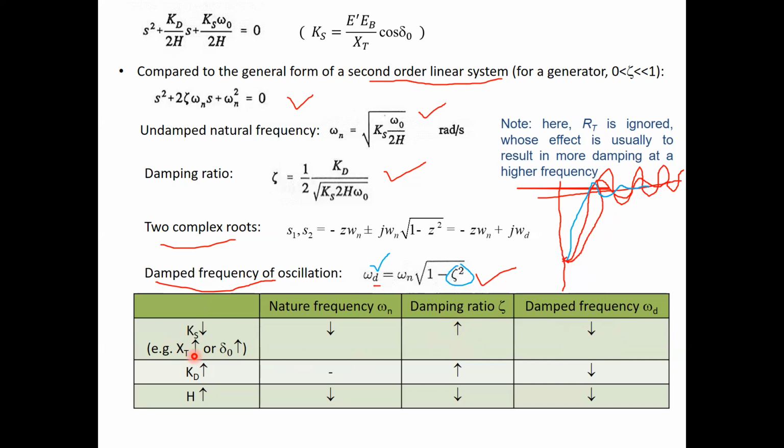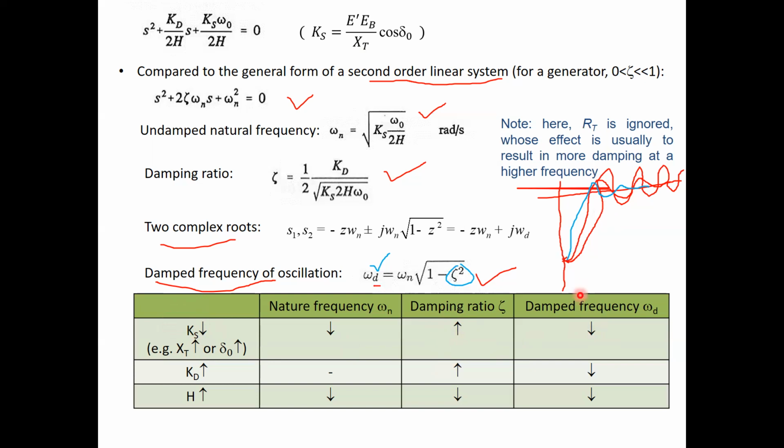Yes, I know that resistance affects damping. This is the same thing. If you have a highly inductive line, then your synchronizing torque is reduced. If the synchronizing torque is reduced, you have more damping ratio, and the oscillation will also be lesser.